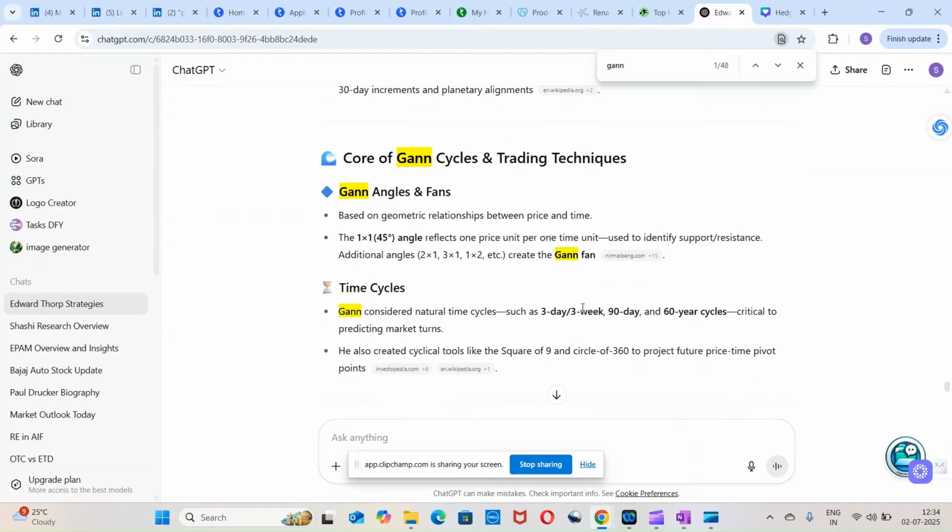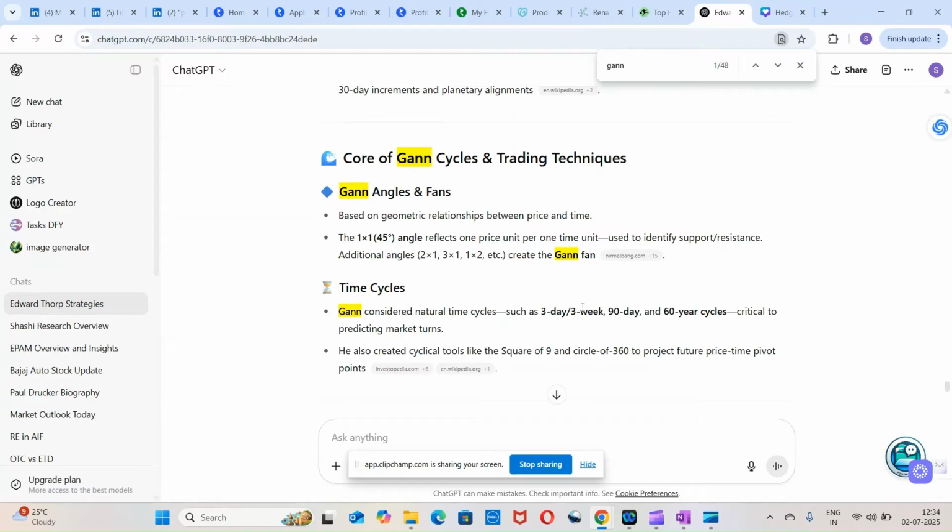So, the core of Gann cycles and trading techniques. Gann angles and fans are one of the main things in Gann trading techniques. The Gann angle and Gann fan are based on a geometric relationship between price and time.